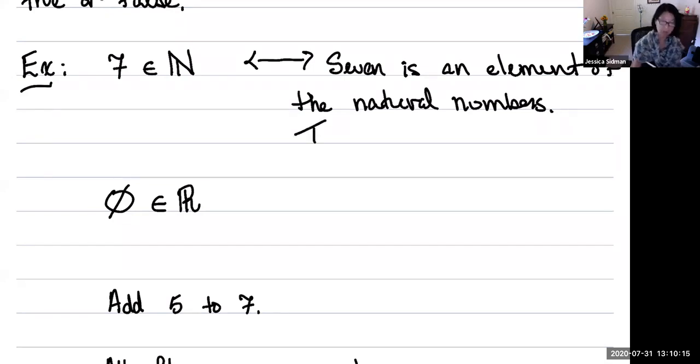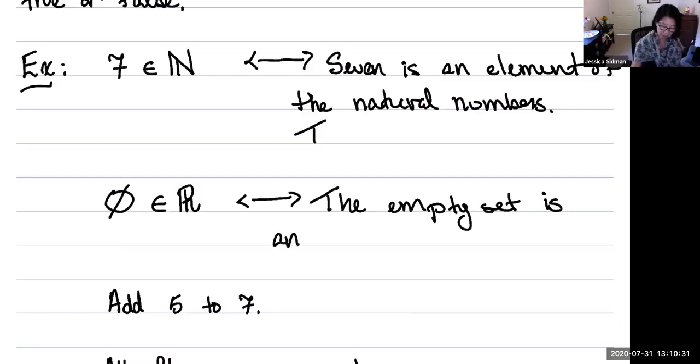So this is true. What is this next statement mean? How does this next statement read in words? Well, it says really that the empty set is an element of the real numbers.